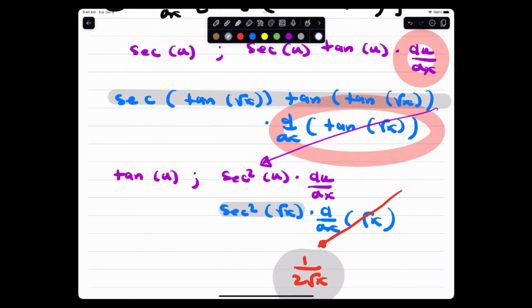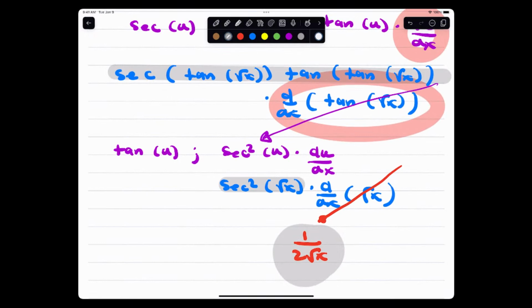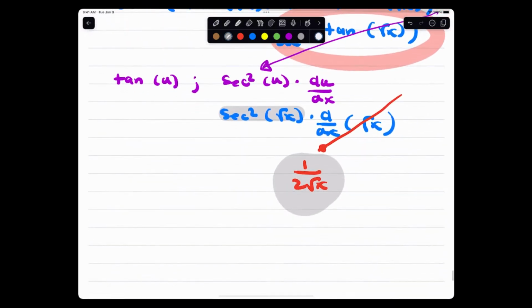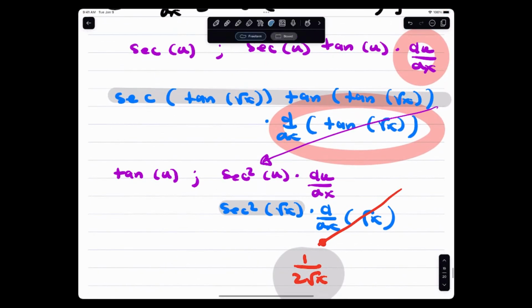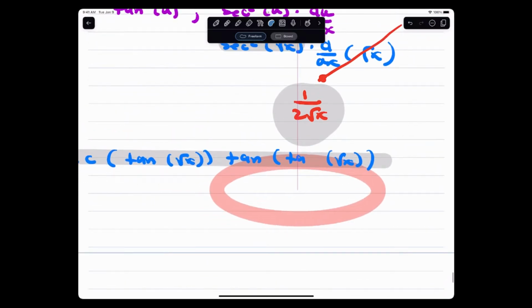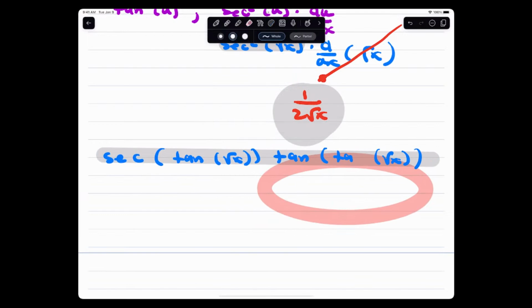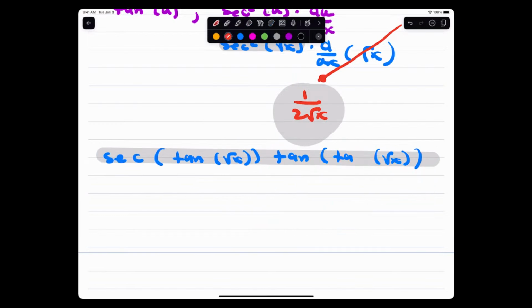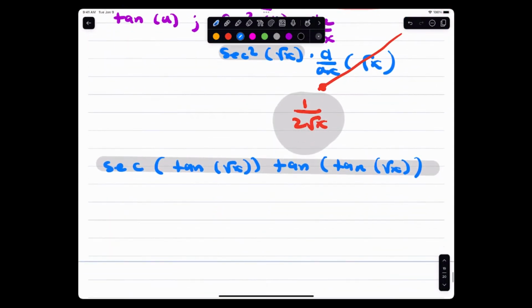So we just have to write everything down together now, okay? What I'm going to do here is copy this because we're completely out of space. And then this is times, don't forget, secant squared square root of x times that 1 over 2 square root of x.